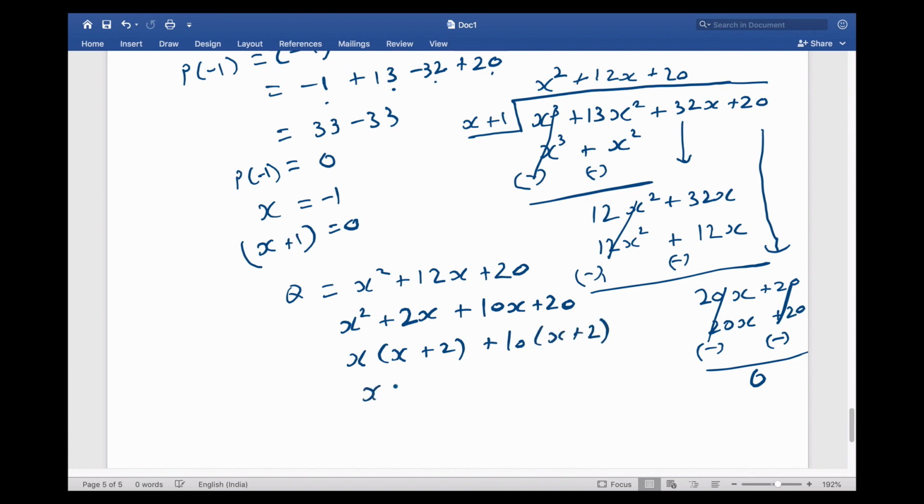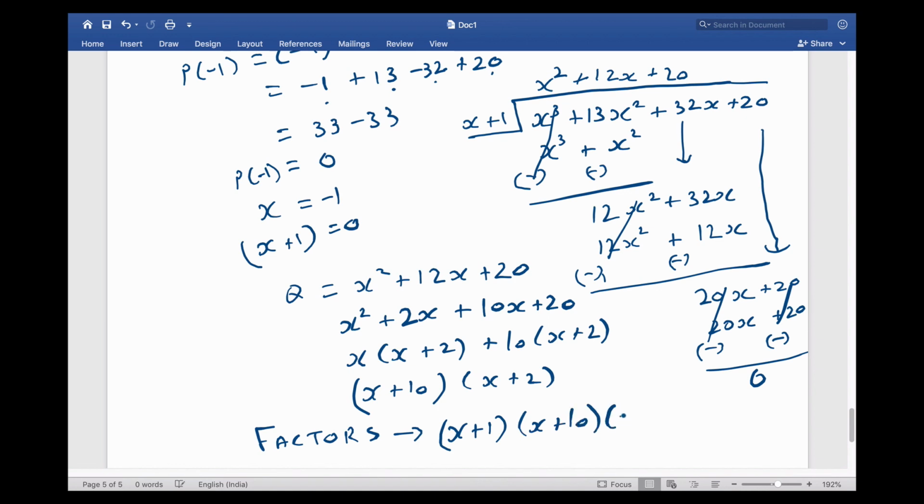So I'm left with x plus 10 into x plus 2, and therefore the factors now become, earlier one of the factors was x plus 1, then x plus 10, x plus 2.